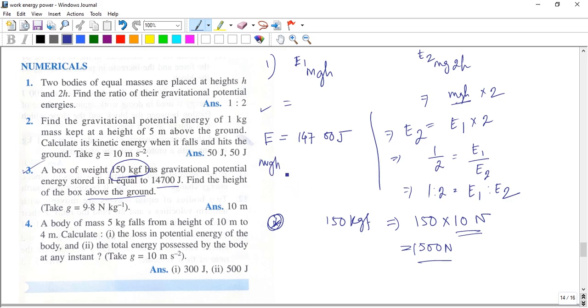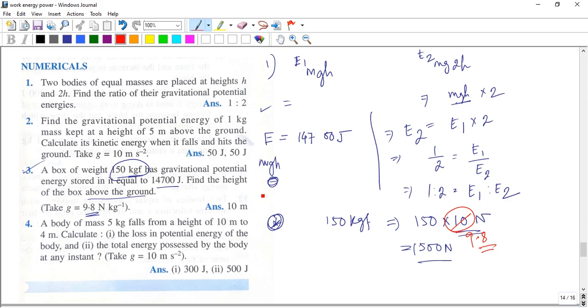What is g? g is the gravitational acceleration, 9.8. If 9.8 is given, then we use 9.8, otherwise you always use 10.